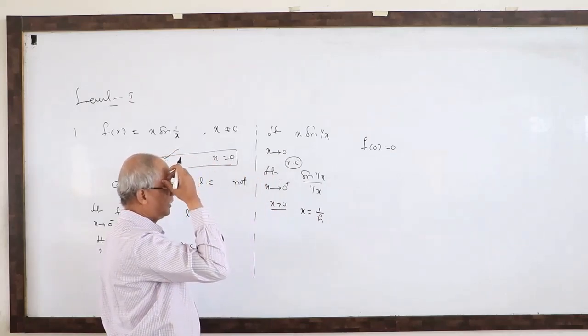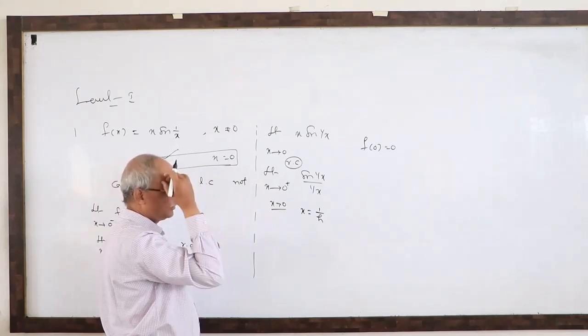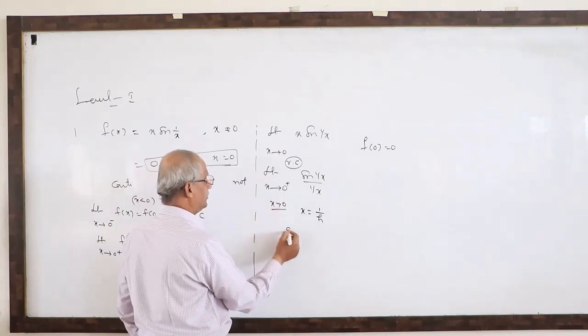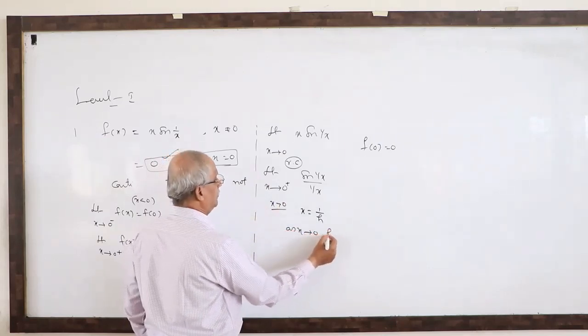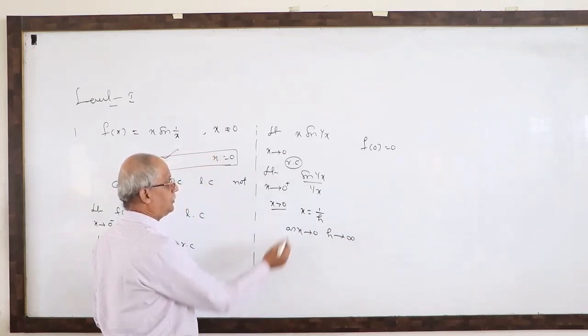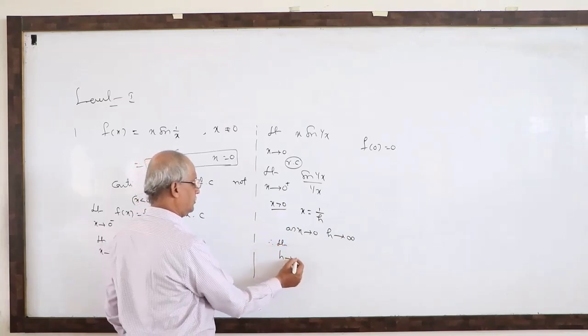Okay? 1 by h. To understand I am writing, otherwise actually not necessary. One formula is there, so we are writing the substitution. When x is 0, what is h here? Infinity, 1 by 0. Therefore, h tends to infinity.